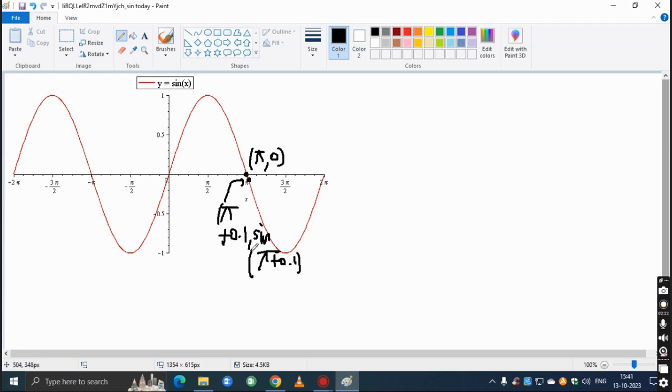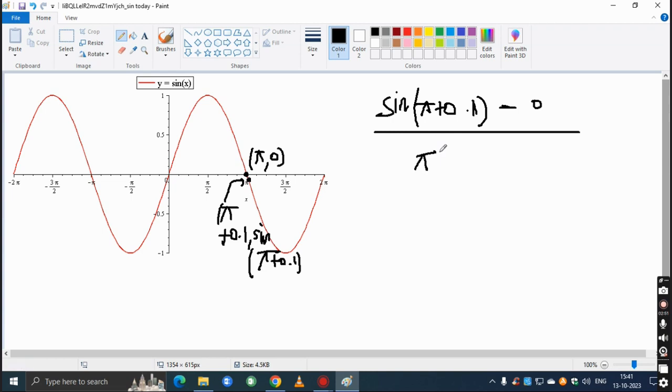Now we can use the formula for slope, y2 minus y1 by x2 minus x1, and let's see what we get. We get sine of pi plus 0.1 minus 0 divided by pi plus 0.1 minus pi.